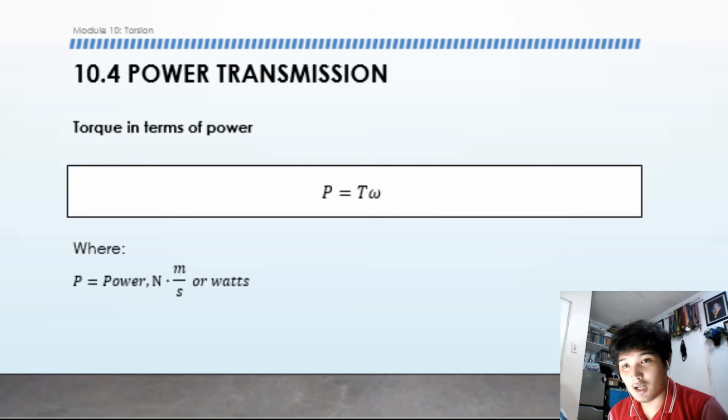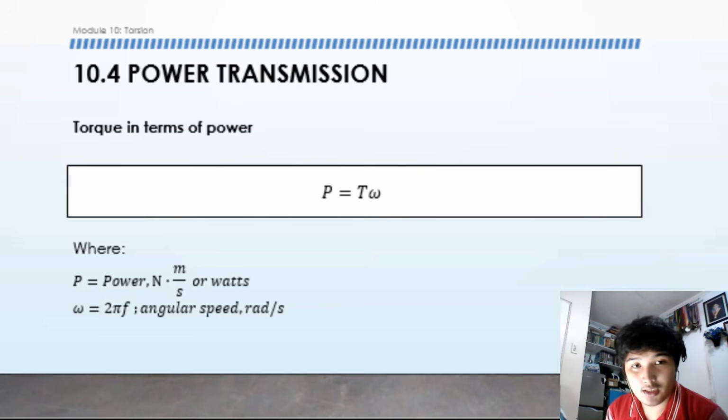So, ang unit niya is Newton meter per second or watts. Okay, kilowatts or horsepower. Pwedeng ganun. Okay, so, yung T is the torque in Newton meter. So, yan yung omega. Okay, so sinabi ko class angular speed which is dapat ang unit niya is naka-radians per second. Okay? Paki-note lang na dapat kung gagamit tayo ng formula na to dapat naka-radians per second siya.